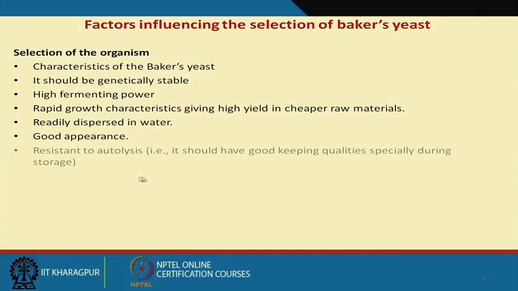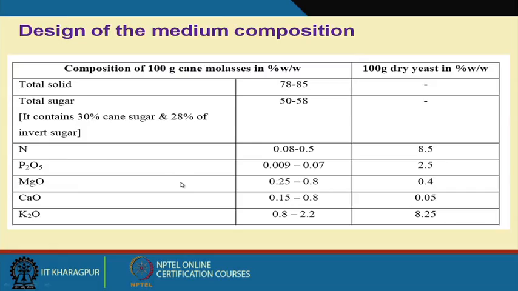And resistance to autolysis, I mentioned that also, you should not degrade. If it degrades, then you will not get the rapid fermentation characteristic. It should have good keeping qualities, especially during storage.